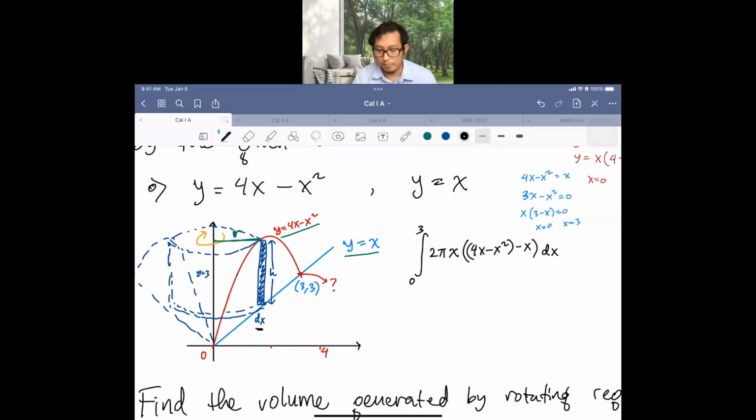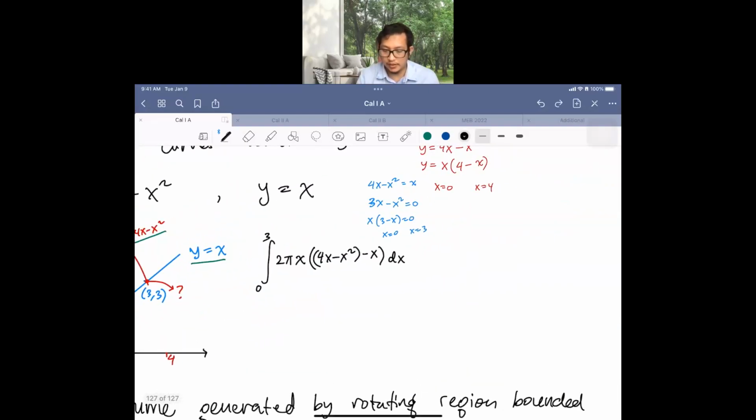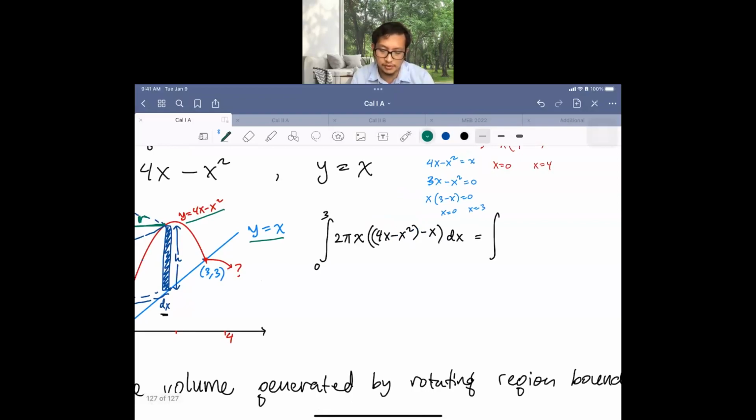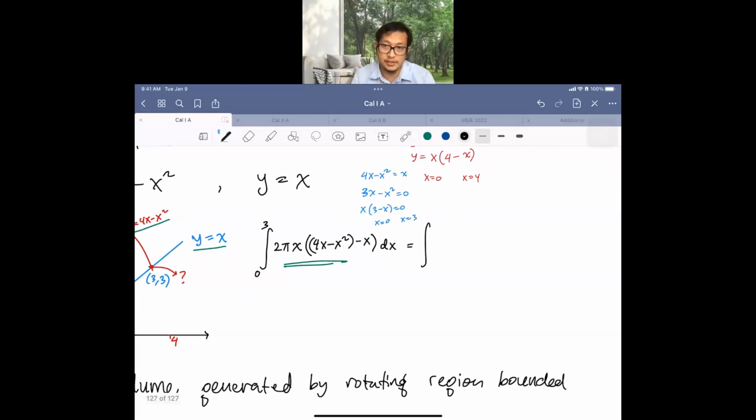Okay. Now our next step is we can just solve this, and I believe most of the calculations are not too difficult. The difficult part is setting up the integration. That takes time. You need to draw, you need to find the intersections. Okay, that's the tough one.